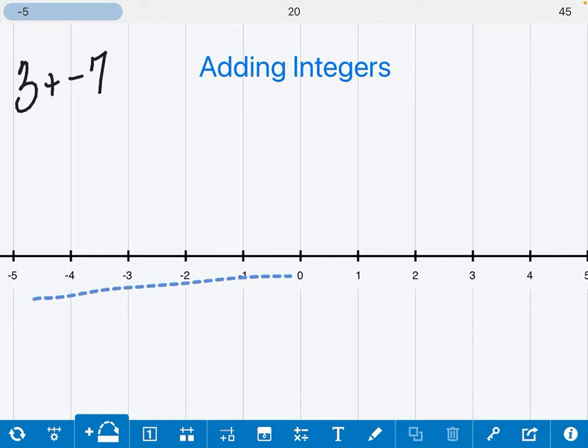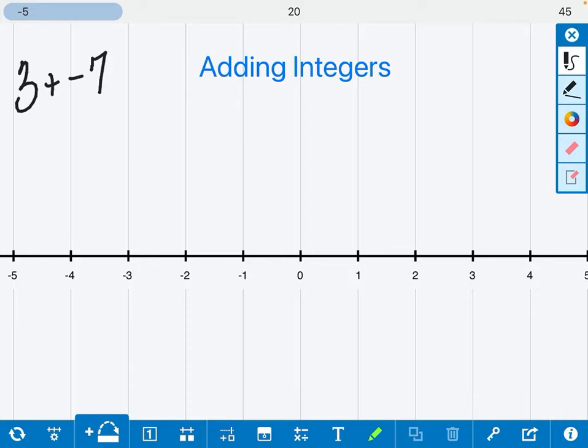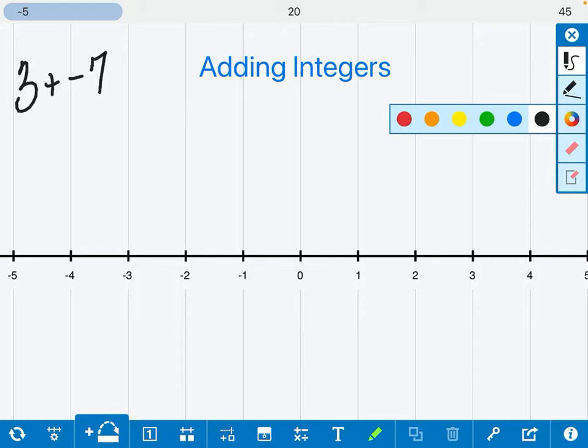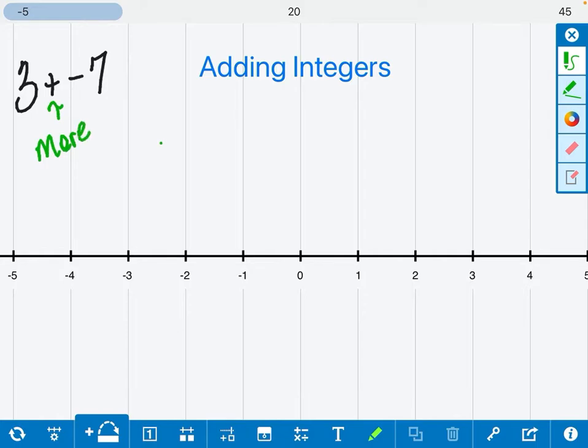Because when we're looking at the number line, we're going to be doing positive jumps and negative jumps, and thinking about the plus sign as meaning more is going to help us know which direction to go on the number line. So that plus sign means more.